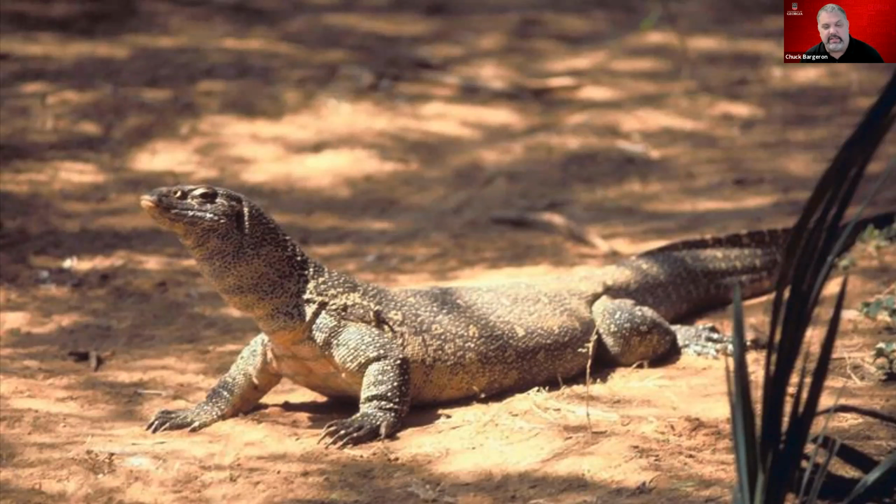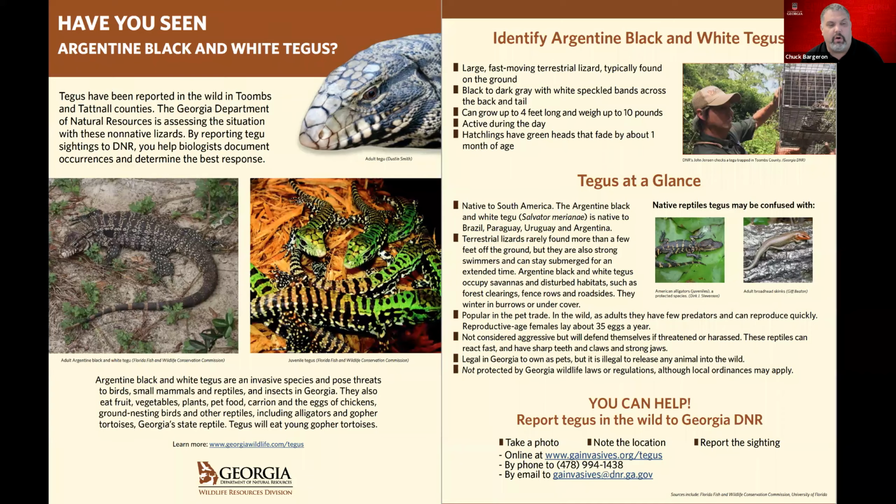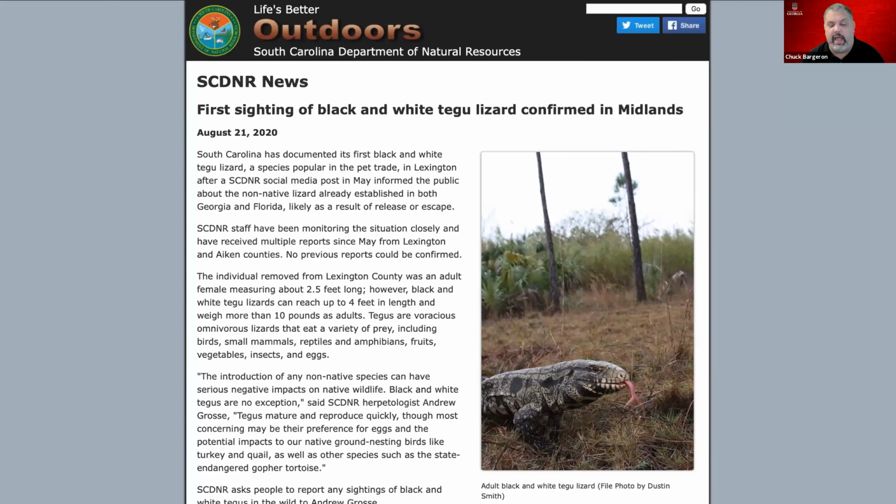But those populations have continued to grow, even though there's some management going on in South Florida. And a similar species, the tegus, have established populations in Florida. What we're starting to see is there's now documentation of these tegus in Southeast Georgia, and more recently, a population, or at least a lizard that was found in South Carolina.